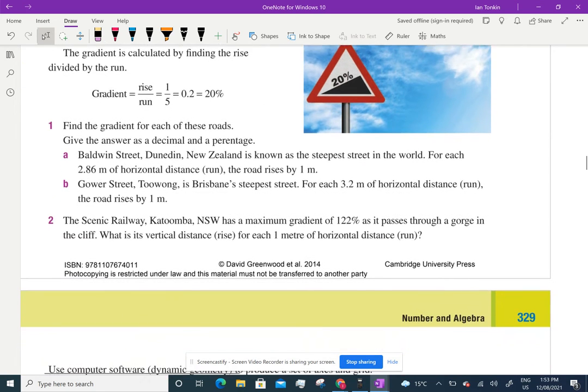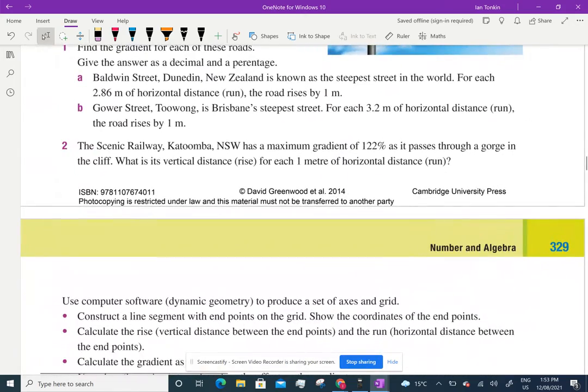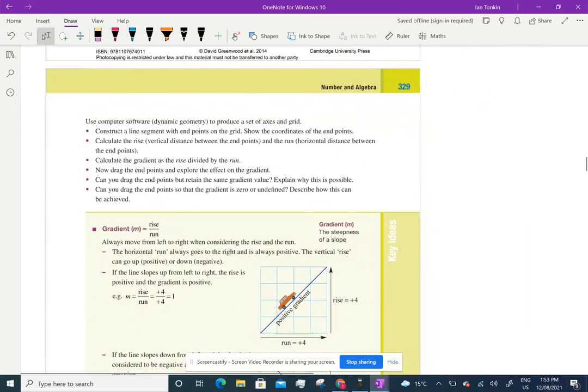The zigzag railway, the scenic railway at Katoomba, which many of you may have been on, has a maximum gradient of 122%. That's really steep.